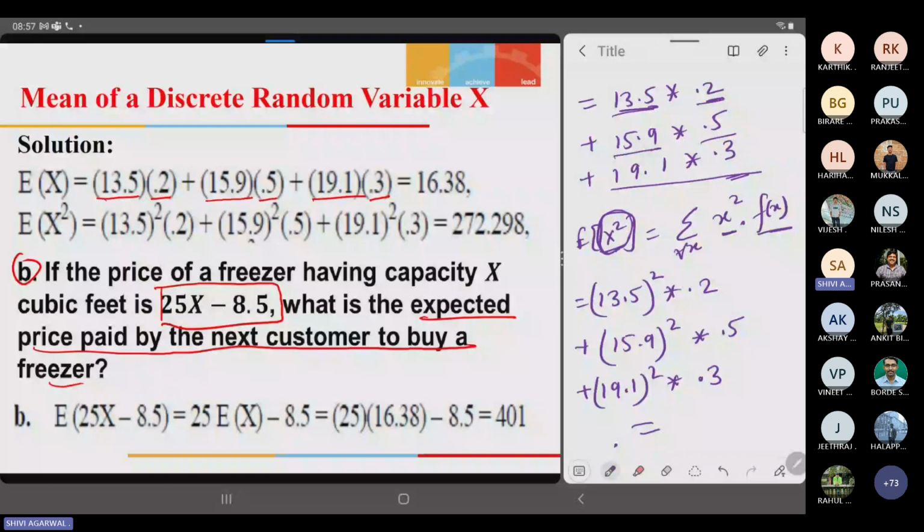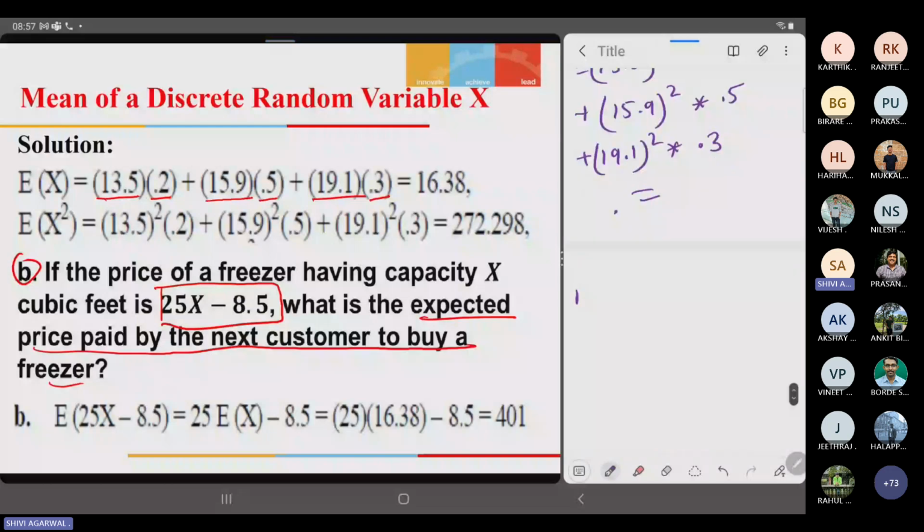So what we are doing here is the expected value of the price, 25x minus 8.5. By the linear property, we can write it like this: 25 multiplied by the expected value of x minus 8.5, or in the other manner, the expected value of 25 into x minus the expected value of 8.5.